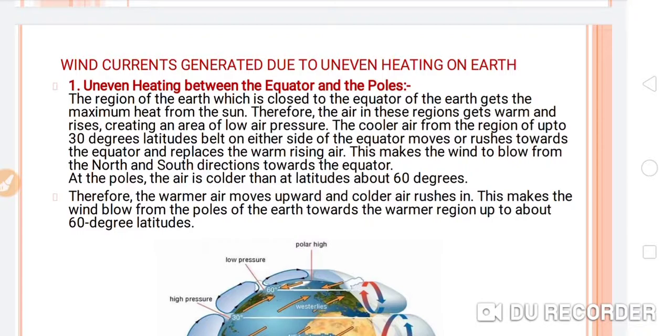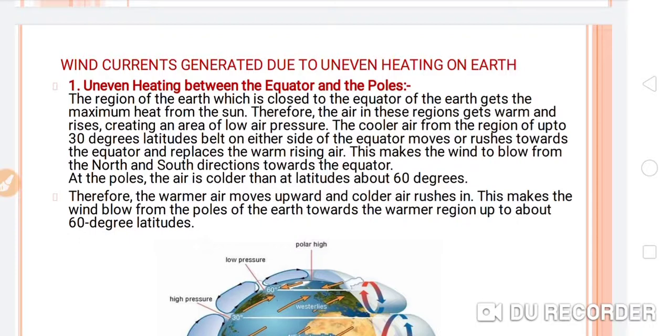The cooler air from the region up to the 30 degrees latitude belt on either side of the equator rushes towards the equator and replaces the warm rising air, because when the air warms, it goes upward and a cavity is created there.